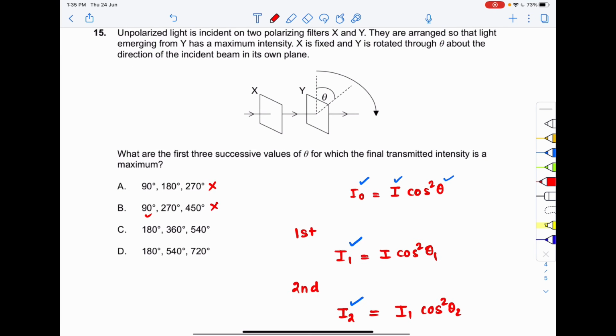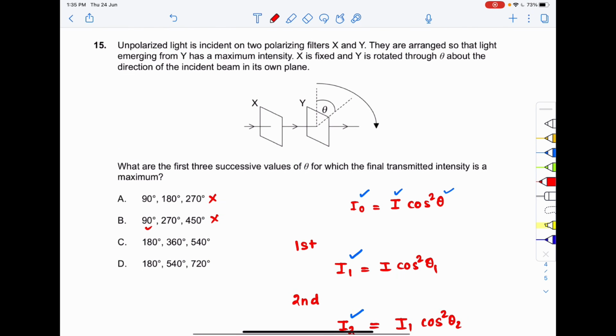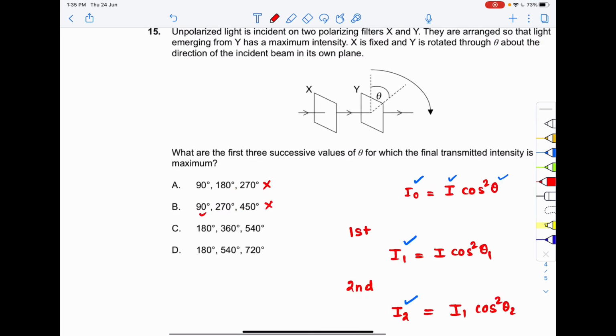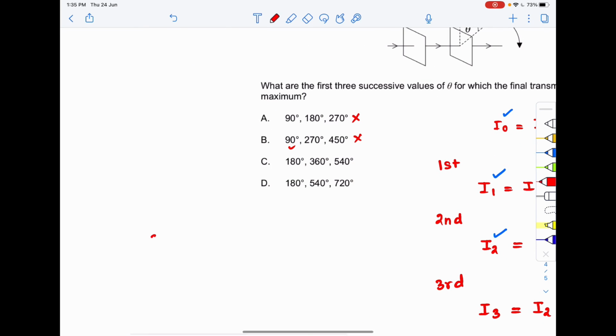Now proceeding on to the next option, 180, 360, 540. So that means cos square 180, cos square 360, cos square 540. What is cos square 180?